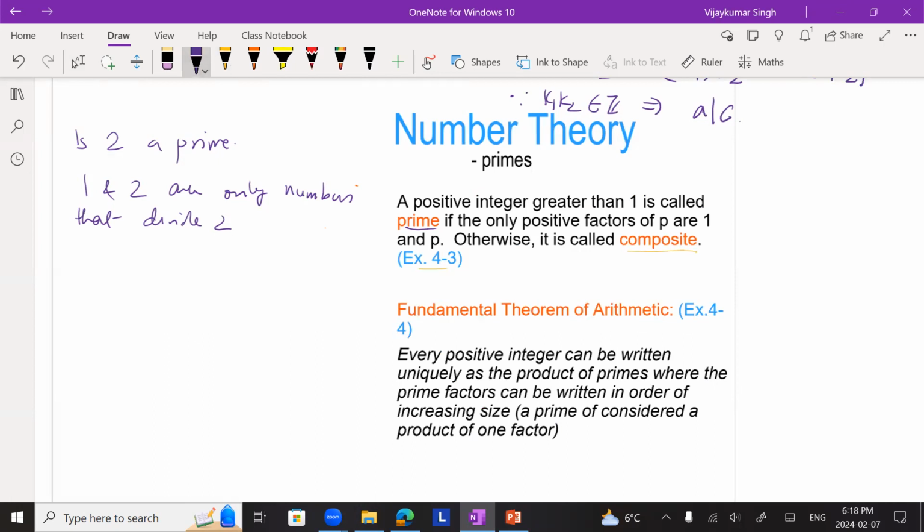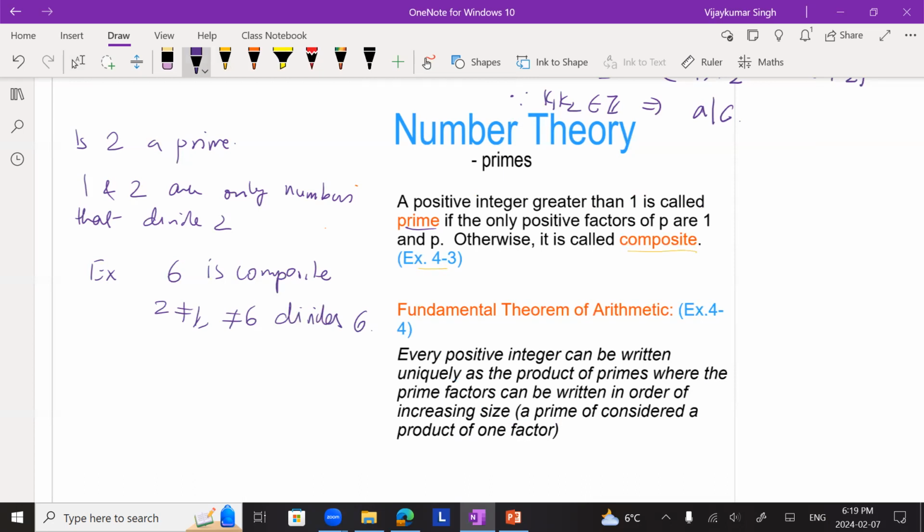An example is 6, which is composite. What is the justification for that? Because 2, which is not equal to 1 and not equal to 6, divides 6, isn't it?